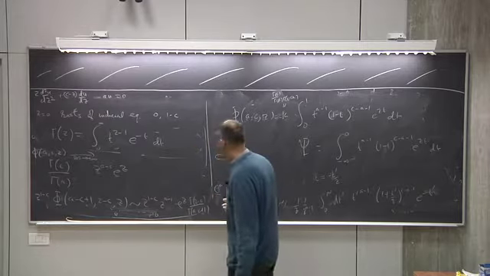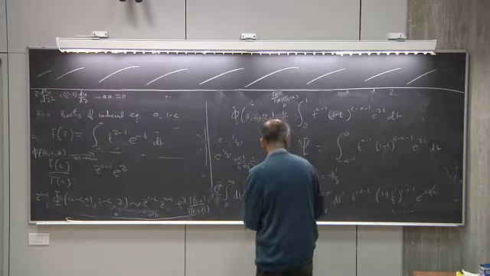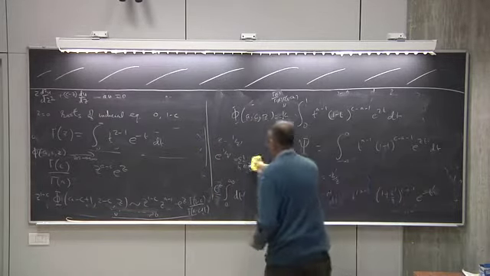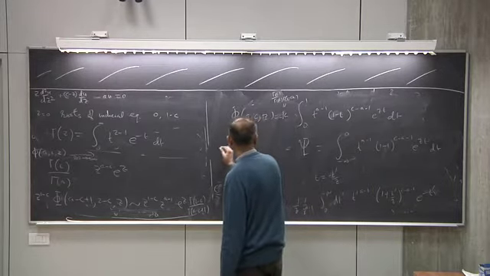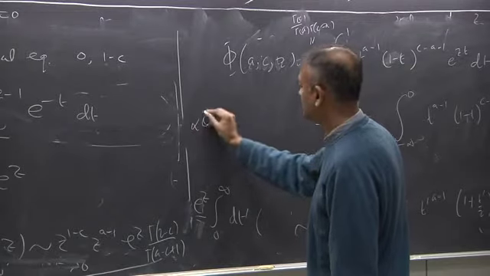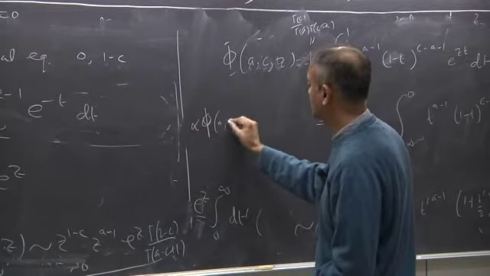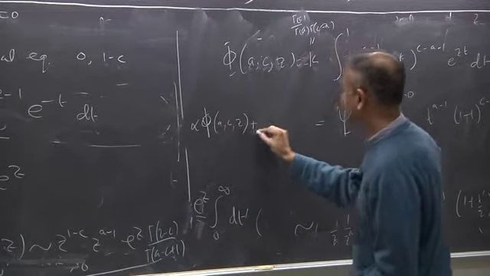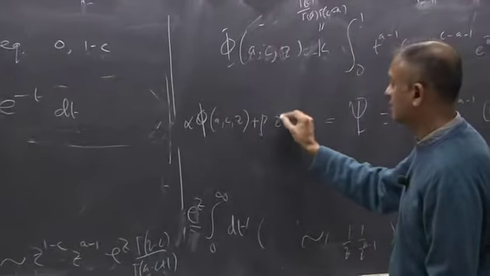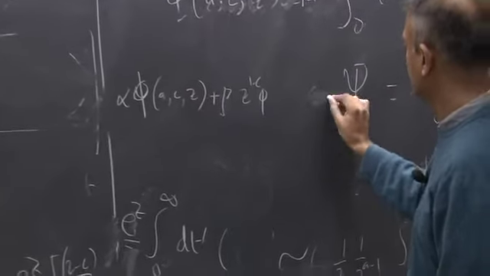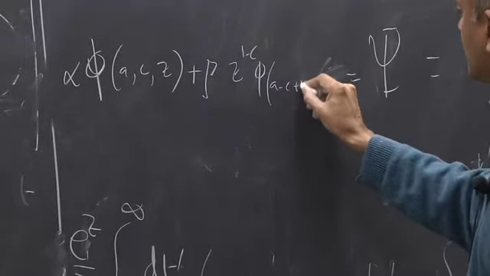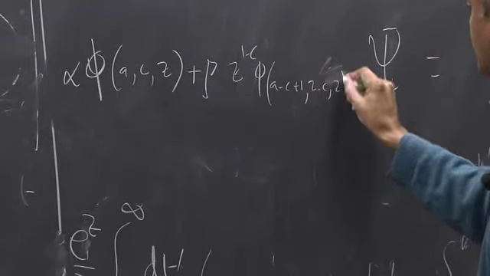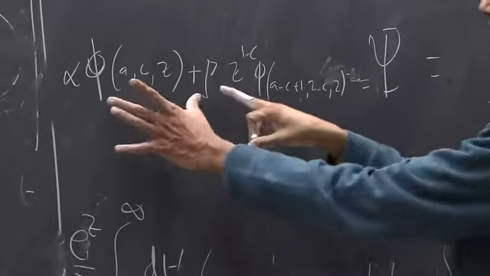Which means that this must be, let's say, some alpha times the first solution, phi(a, c; z), plus beta z^(1-c) times the second, phi(a-c+1, 2-c; z). But I have to choose alpha and beta.